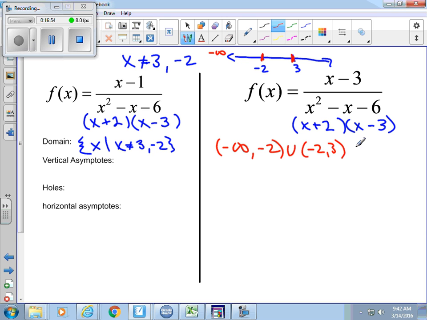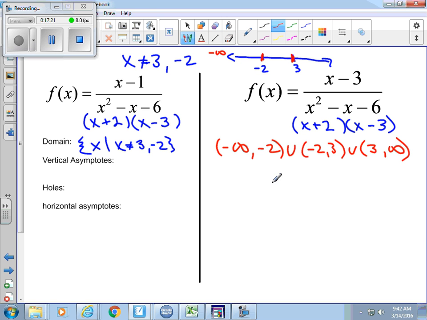I highly recommend using a number line to help you with this. What do you think people who don't use a number line forget often? The -2 to 3, they leave that out. They go -infinity to -2 and 3 to infinity.